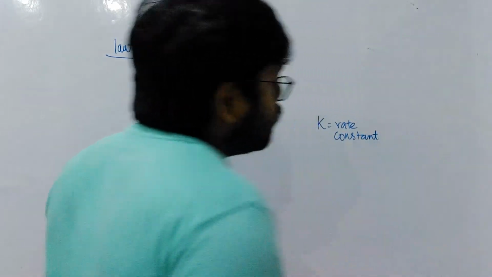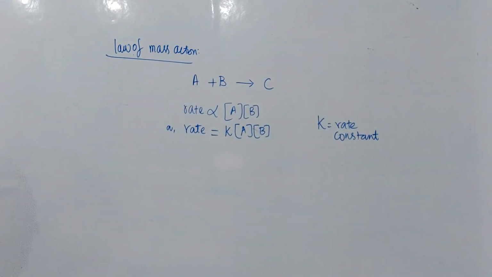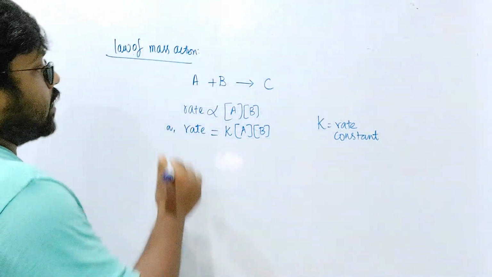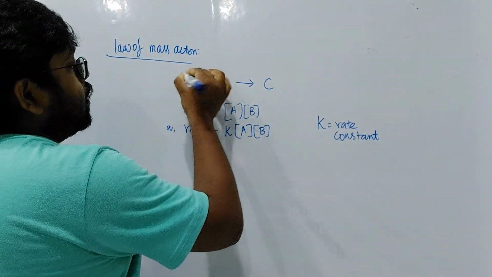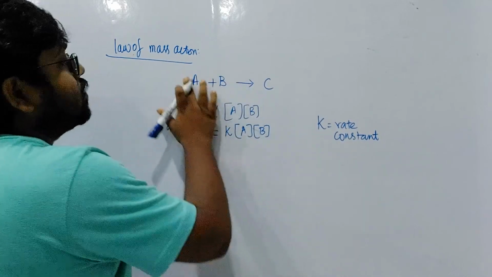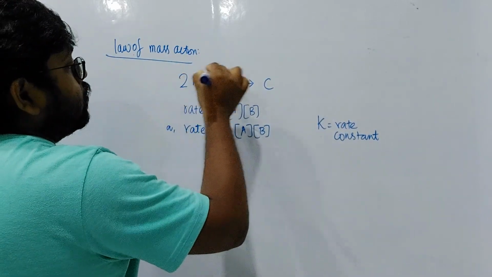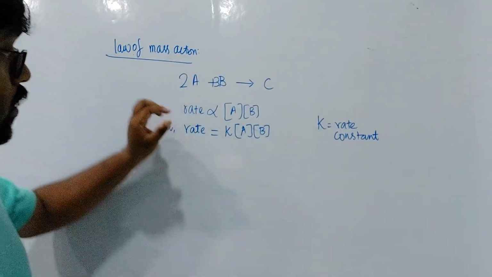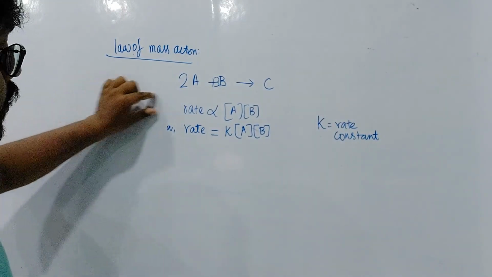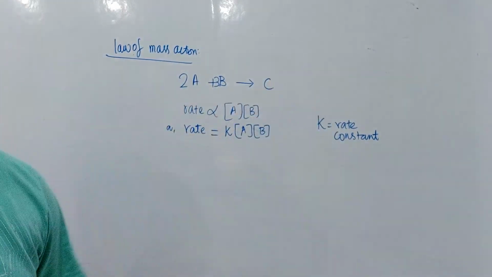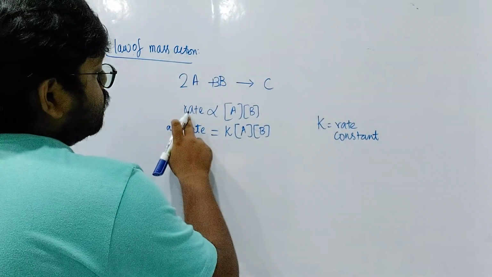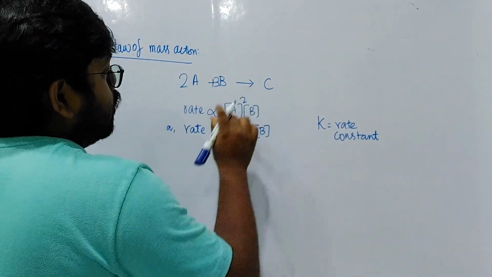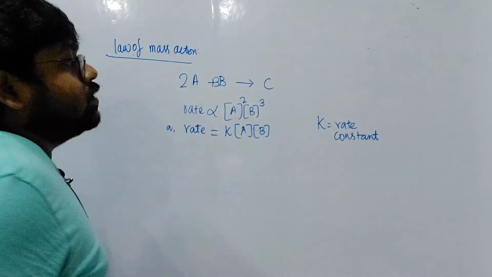All right, now another factor is there: if there is a stoichiometry. For example, the reaction is something like this. Let's take some arbitrary numbers, 2A plus 3B giving us C. So during this rate law, or law of mass action principle, you have to write it like this: rate is proportional to the concentration of A to the power 2 and the concentration of B to the power 3.